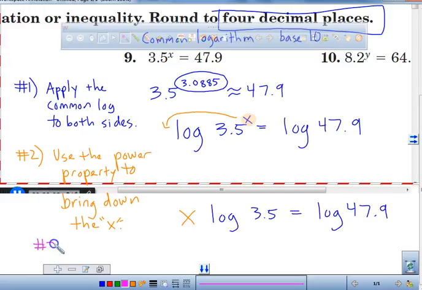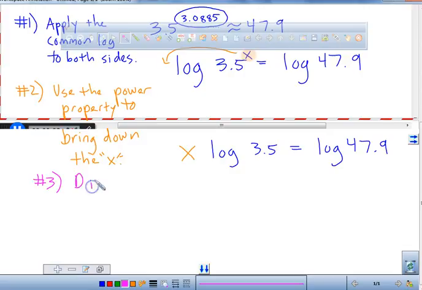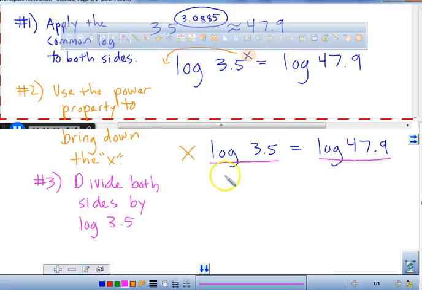After you move this x value in front, now we only have one more step. Here we go. For this problem, I'm going to divide both sides of the equal sign by the log of 3.5. That's what it looks like.